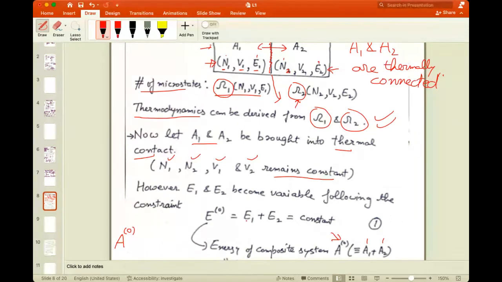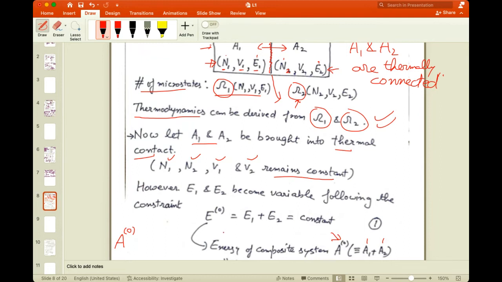So the total energy of this system before they were brought into thermal contact was this. Although I allowed energy to be exchanged between these two systems, the sum of these two energies can't be a variable thing.